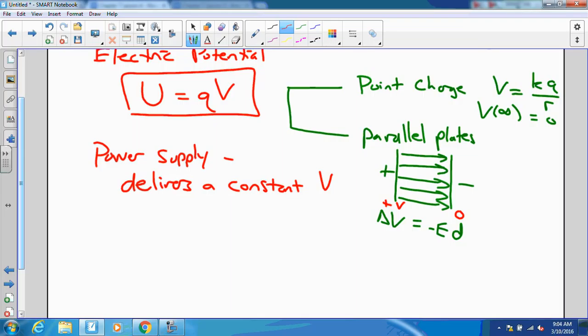All right, you're on. Let's get an equipotential line going for 9 volts. Something like that.